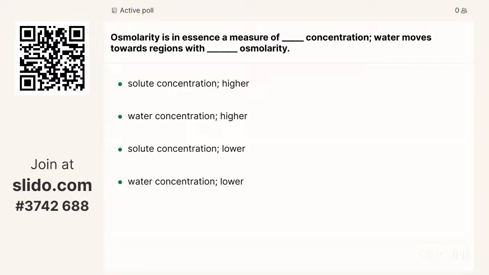So let's answer this question real quick, because this is going to be important for what's driving the reabsorption that we're thinking about as we're thinking about water reabsorption regulated in the late distal tubule and collecting duct. Let's take a quick look at that.